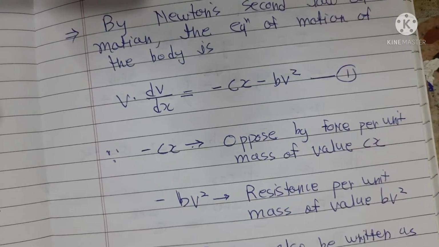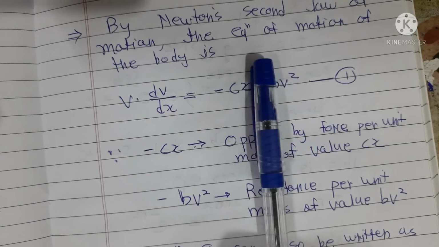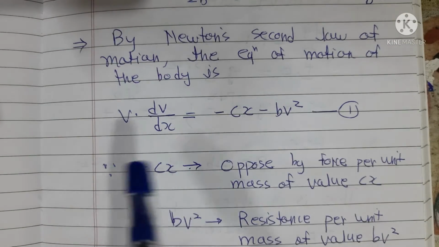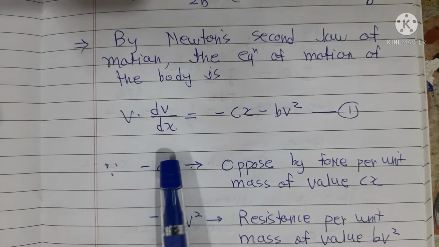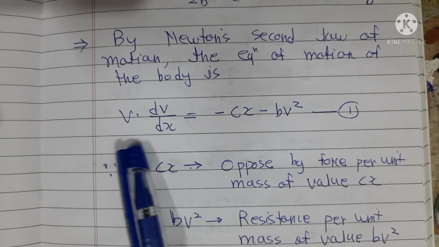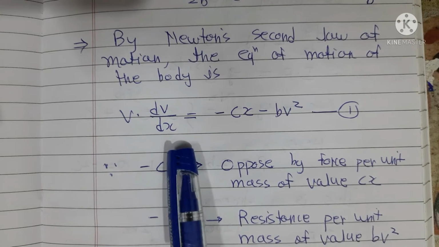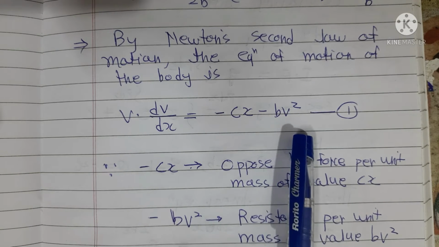Now applying Newton's second law of motion, the equation of motion of the body is v into dv by dx, that is force applied, is equal to minus cx minus b into v square.